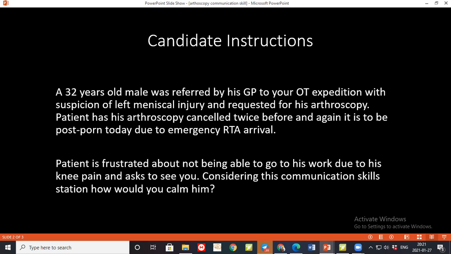And then you talked about your work, and I offered to write a letter to the employer and also to extend your sick leave, which you accepted. Then I also want to refer you to a physiotherapist that will help you manage your pain and your leg, and I also recommended swimming for you that will help with your pain and the rehabilitation of your leg. I hope I'm not missing anything.